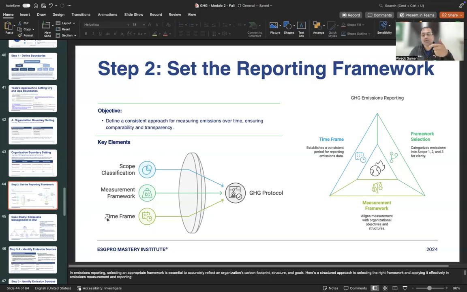Key elements here are, of course, scope classification, which we will look at in point number B, where we talk about scope 1 and 2, the measurement framework, of course the GHG protocol, and the time frame. All these are guided by the GHG protocol.